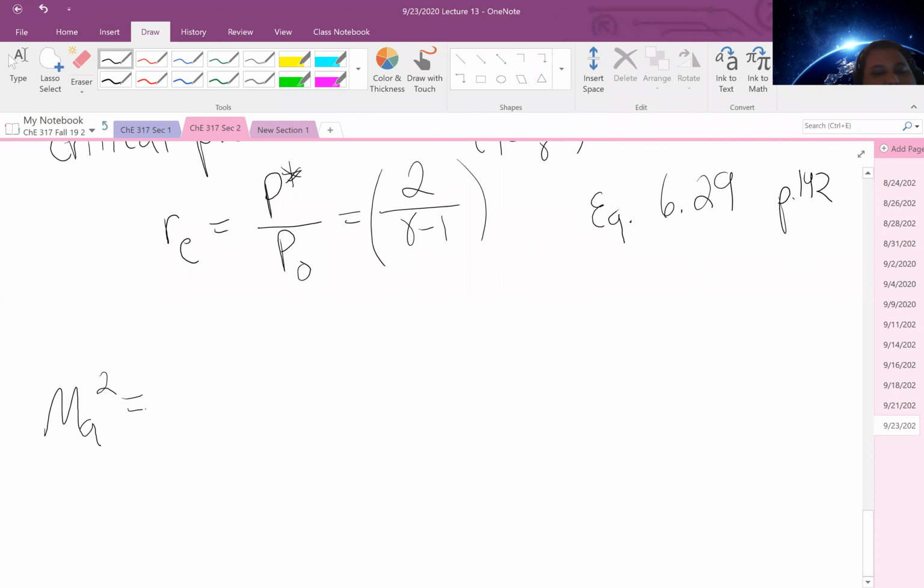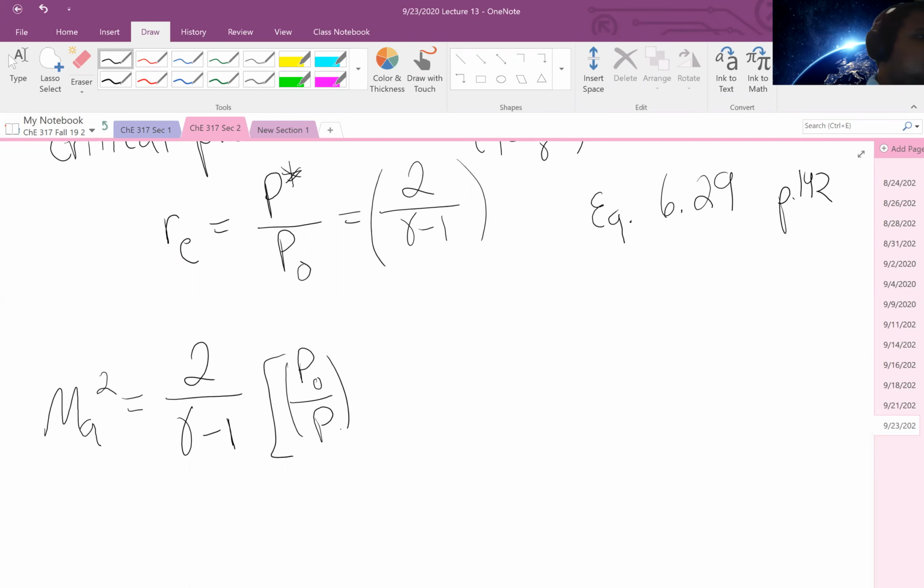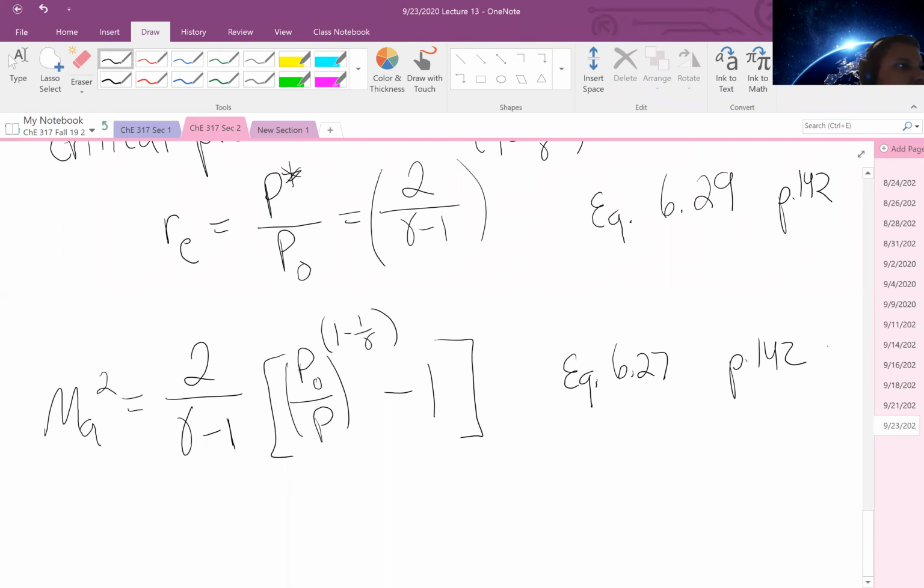We get the Mach number squared is equal to 2 divided by gamma minus 1 times the quantity P naught over P, this is pressure, to the 1 minus 1 over gamma power, minus 1. This is equation 627 on that same page, 142.